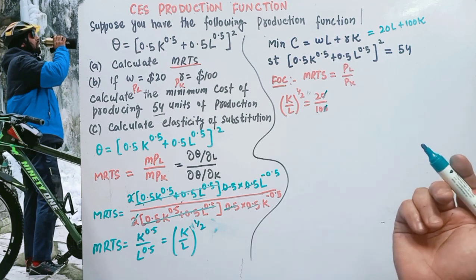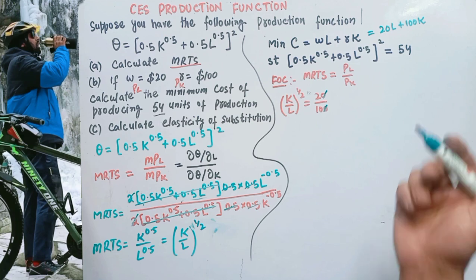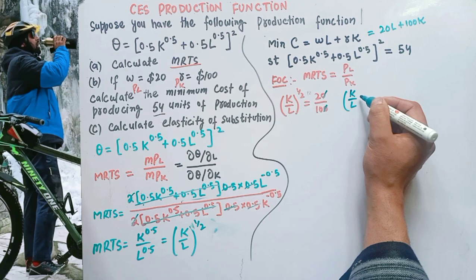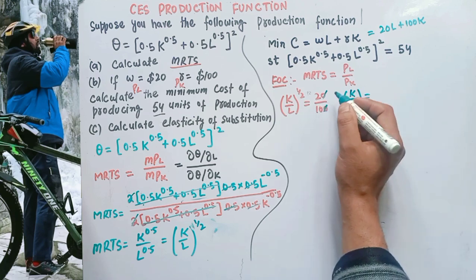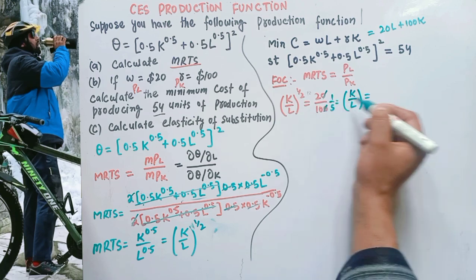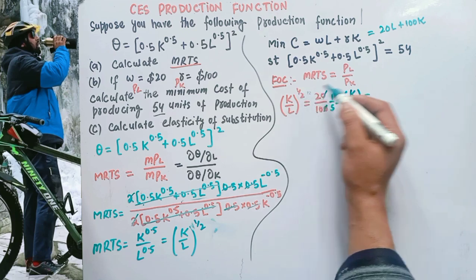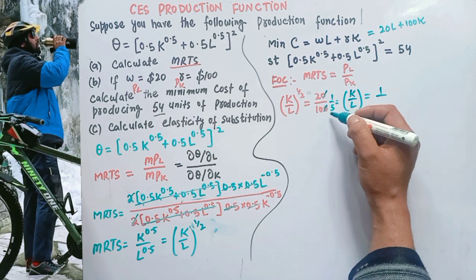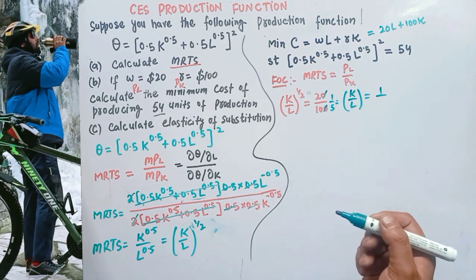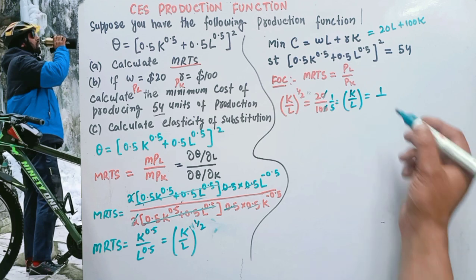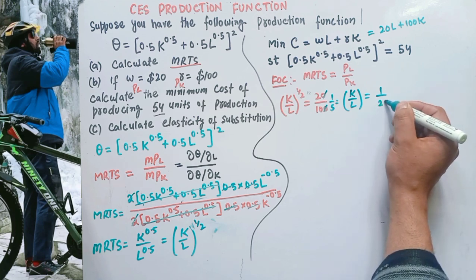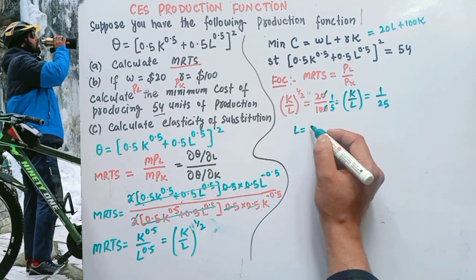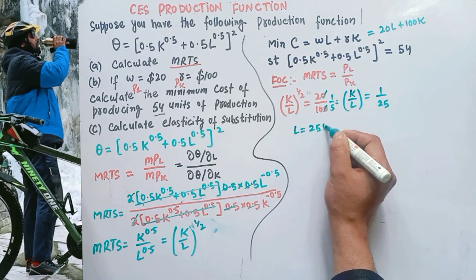So K upon L to the power 1/2 will be equal to 1 upon 5. If I transpose this exponent, it becomes a square, so we get 1 upon 25. That means L will be equal to 25K.